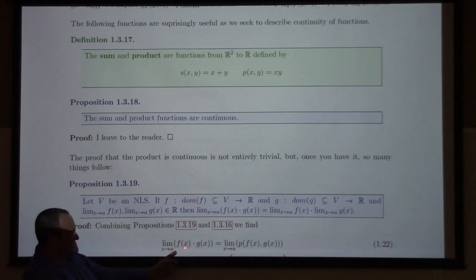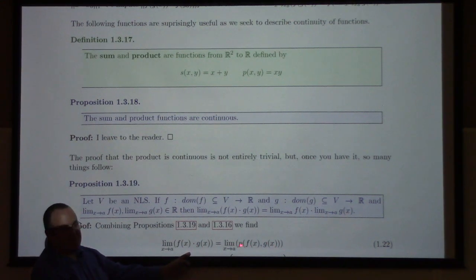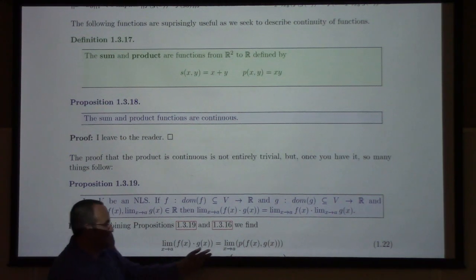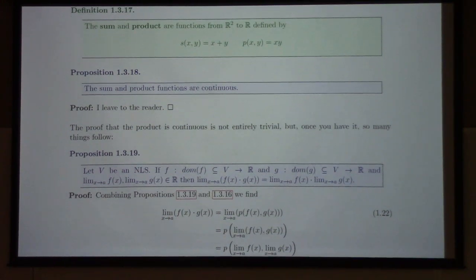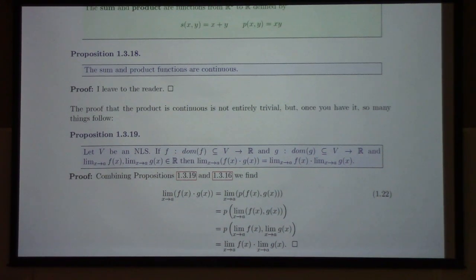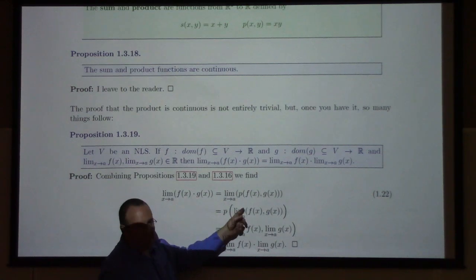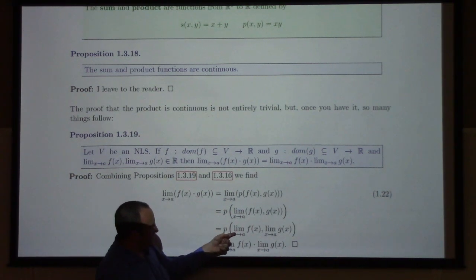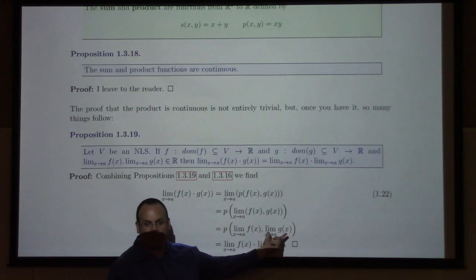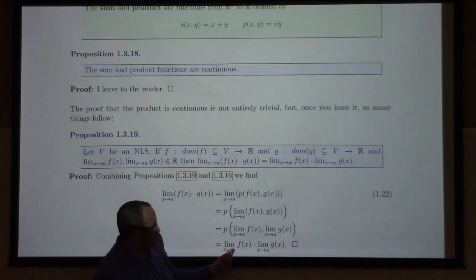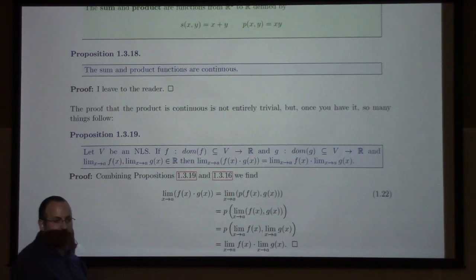You just rewrite this as p composed with f and g, but if the product function is continuous, we can just use the composite limit thing to pull the limit inside, and then you use the vector limit thing to say that the limit of f comma g is the limit of f comma the limit of g, right? So this is the continuity result I just had on the previous page. This is that theorem that I worked harder to prove, that the limit of a vector is the vector of the limits, provided they exist. And then, bam, that's the result.